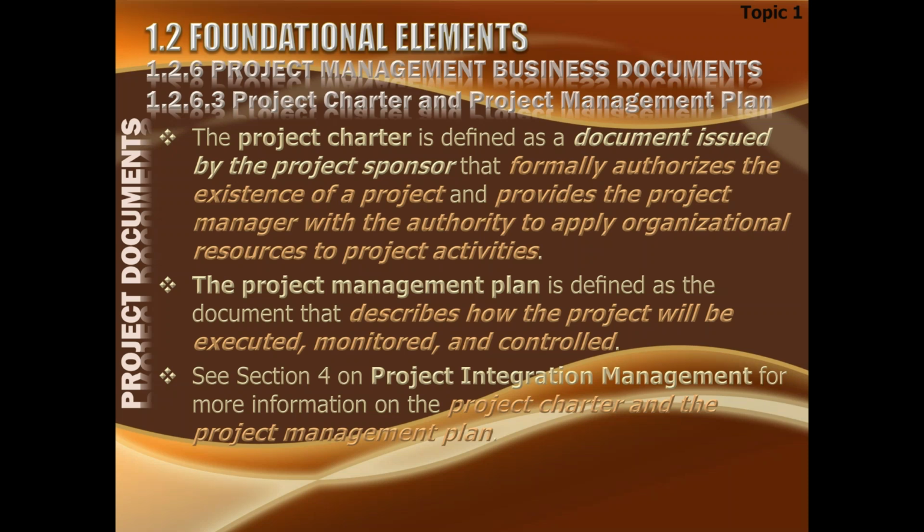The project management plan is defined as the document that describes how the project will be executed, monitored, and controlled. Remember, management plan means how to manage the project. So this will just give you the guideline on how to manage the project, how to execute it, how to monitor it, how to control it. But it may not include the little details like what the activities are and who the people working on it are.